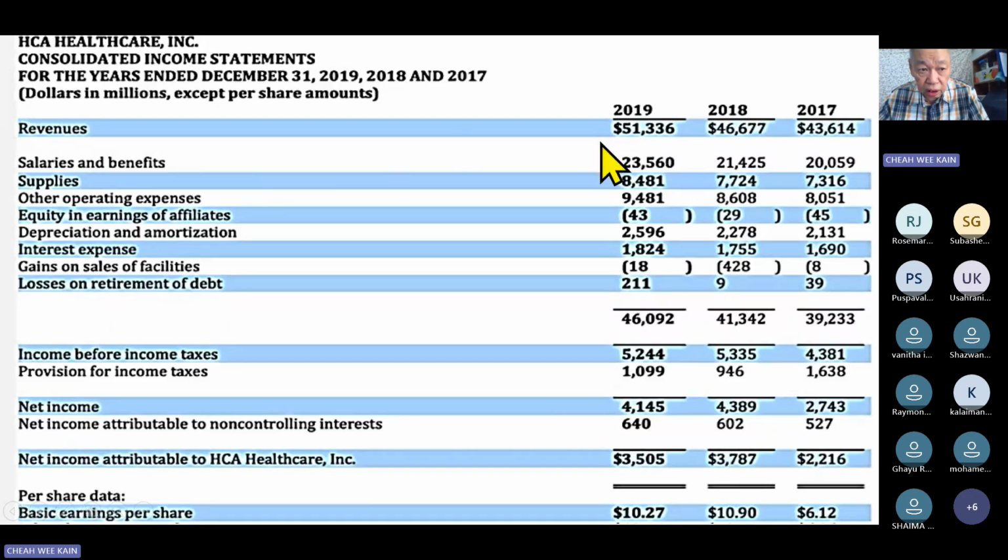Or this is the supply, or some salary. You incur the salary, you buy some supply, but you have not paid the supplier, or you have not paid your people. So this is not your net extra increase in cash. It's just the income. So income and cash are different.